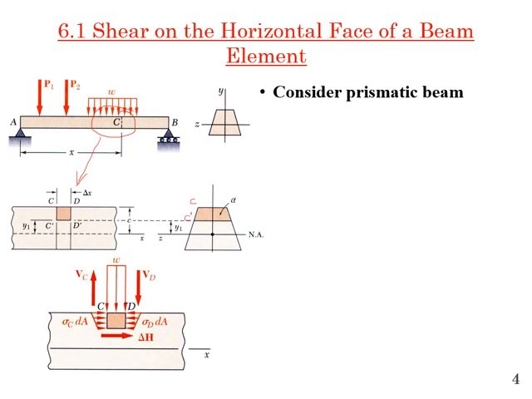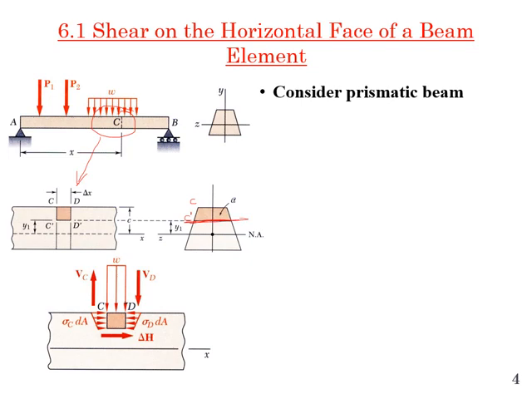Okay, so we are interested in this shaded area, meaning what is the horizontal shear force acting on this surface. We are interested to find the horizontal shear force acting on this surface.